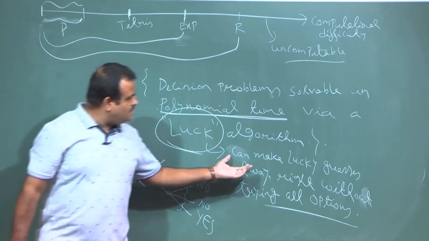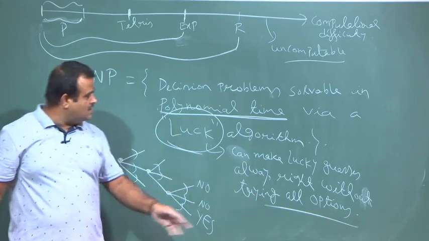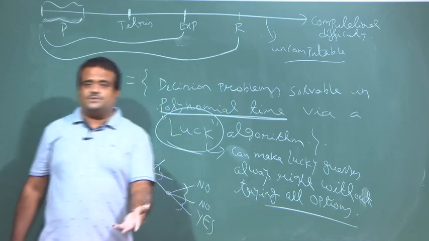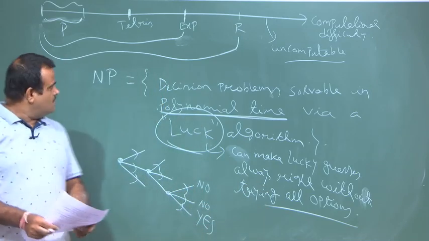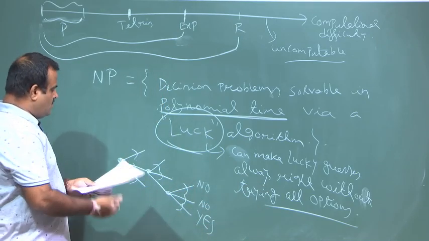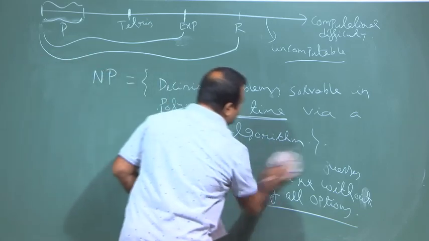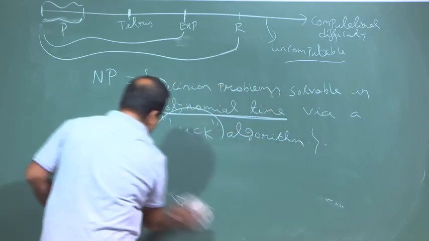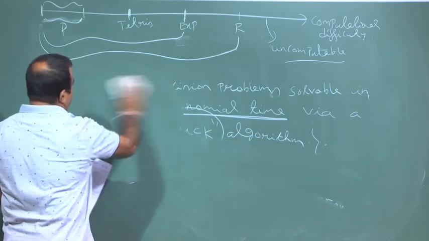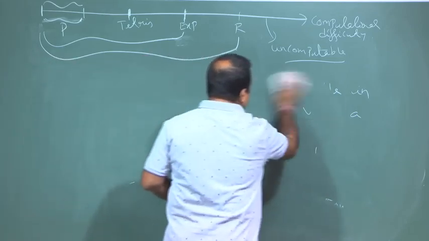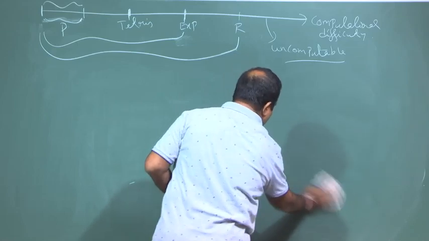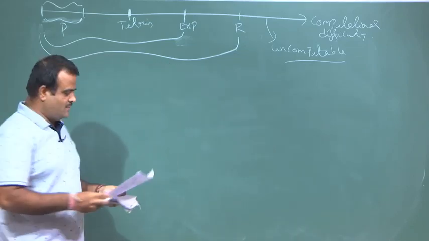Lucky algorithm means we always make lucky guesses without trying all options. So that is called the non-deterministic model. Let us write that. NP is non-deterministic polynomial time.